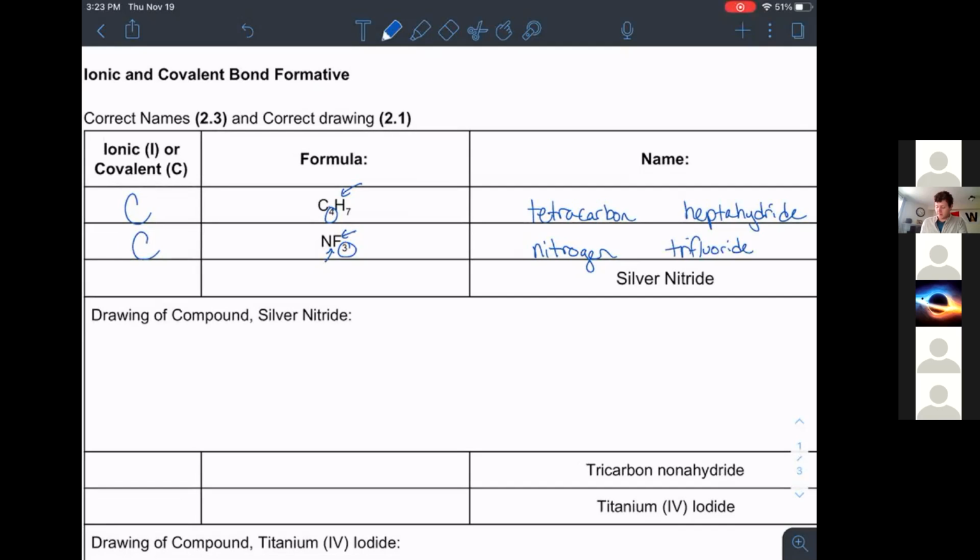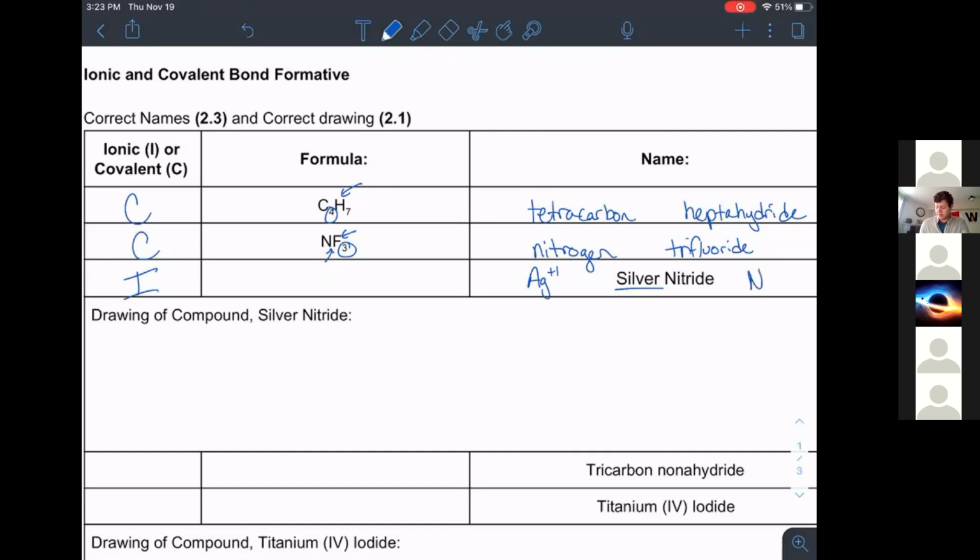The next one, if we're looking at silver nitride, the silver is a metal, which means we have an ionic compound. When we're figuring this one out, we know that silver has a +1 charge because if we check our ion sheet, because silver is a transition metal, it has a +1 charge.